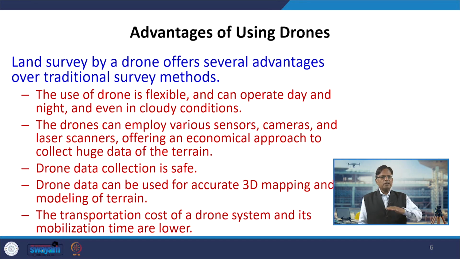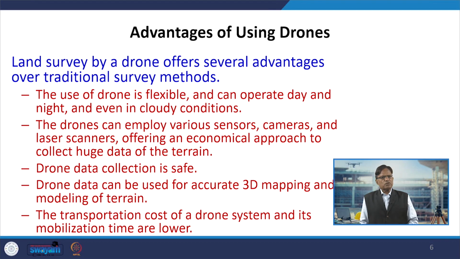So when we are flying the drone over an area, a large quantity of data from different sensors, scanners and camera systems can be collected about the terrain. The drone data collection is safe, as I told you, because it operates without a pilot in it, so it is controlled from the ground.